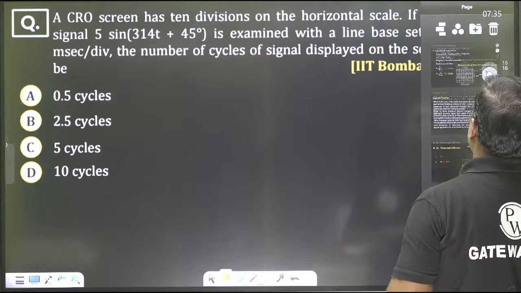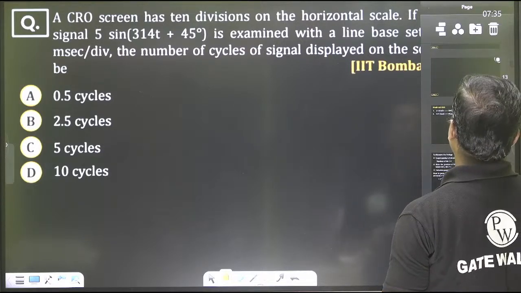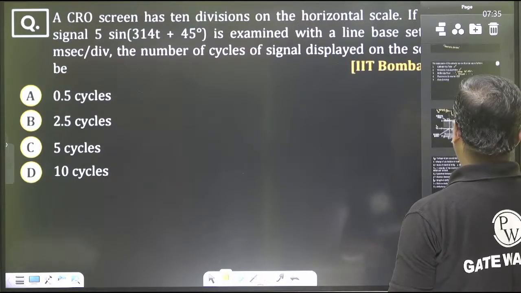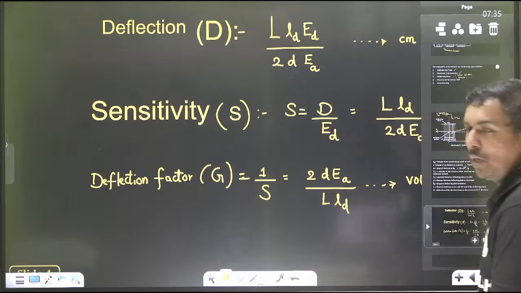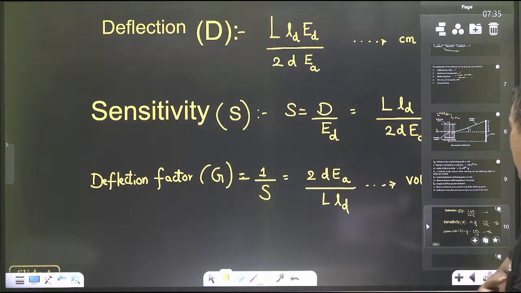I will give you that question list later. So let us just make a note of these points. I will discuss the questions list later.